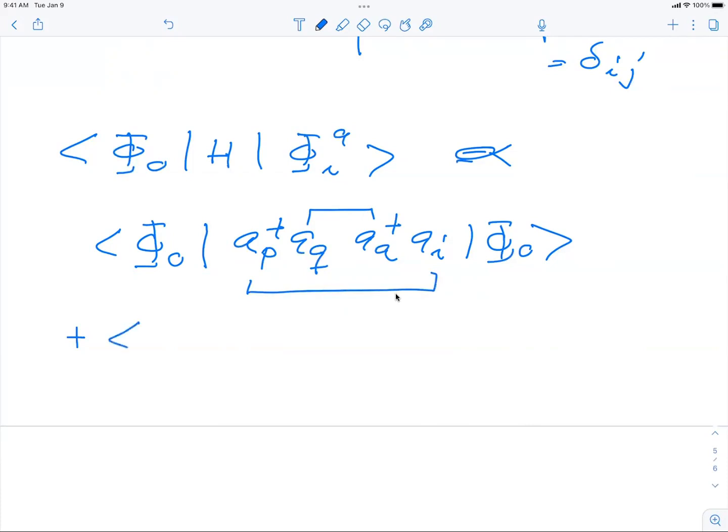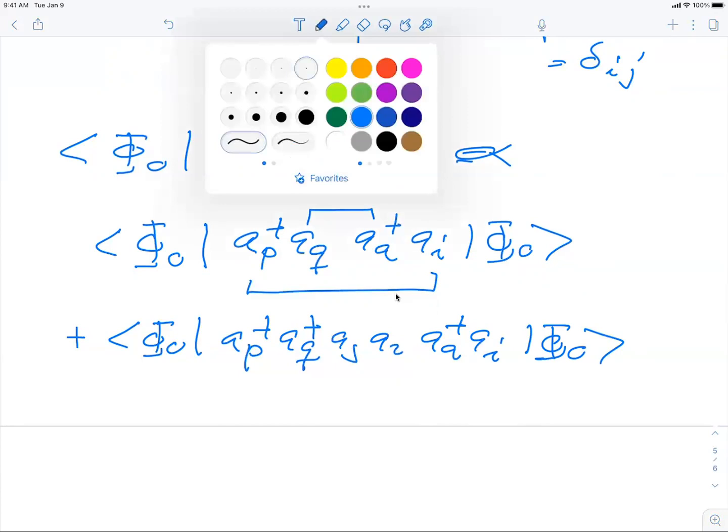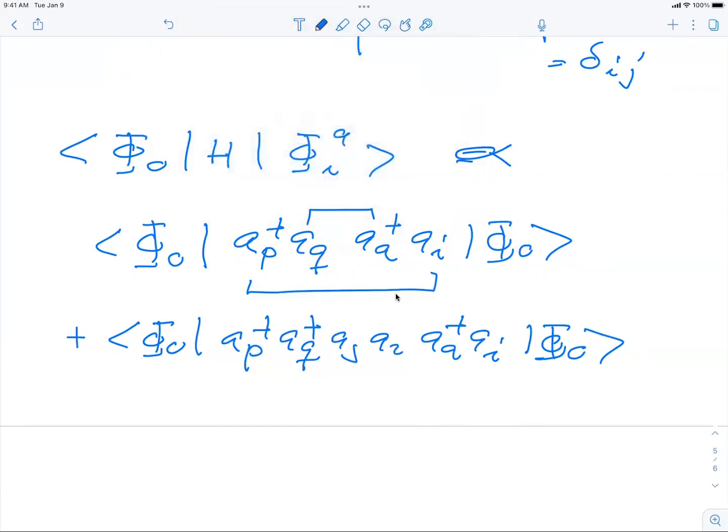Then there is an additional term due to the two-body interaction, where we now have AP dagger, AQ dagger, AS, AR, of AA dagger and AI. In this particular case, since we have Wick's generalized theorem, we cannot perform contractions within the operator here. So what we would have are contractions typically of this type here.